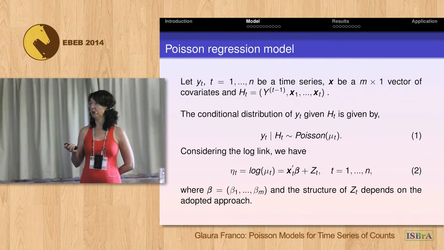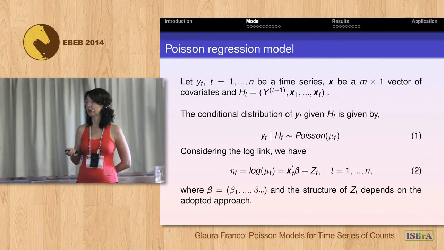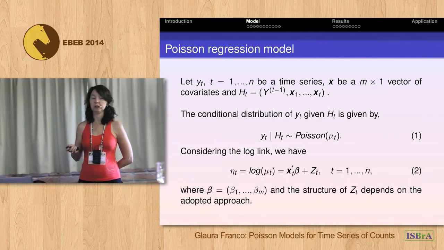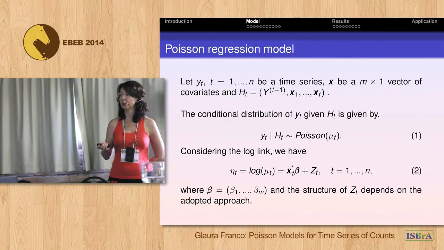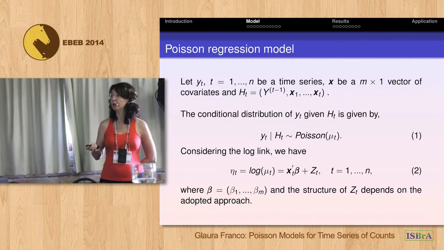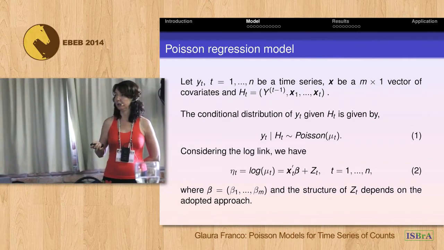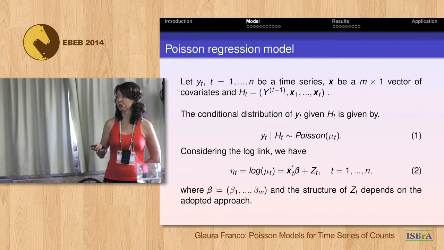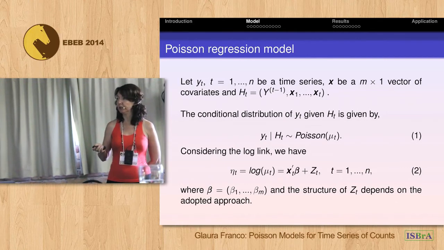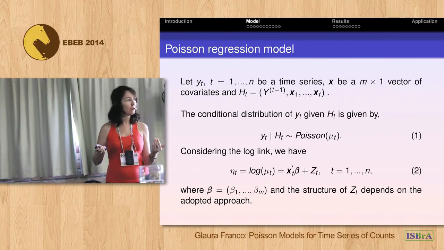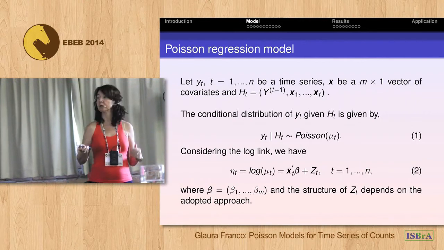We have m covariates. And this component here is the main difference between the GLM, the generalized linear model, and these models that I am presenting here. We are going to put some structure here to account for the autocorrelation present in the series. And this is the component that will change from one approach to the other one.